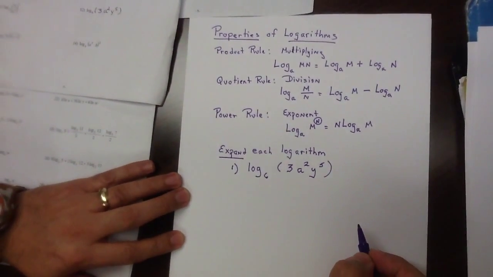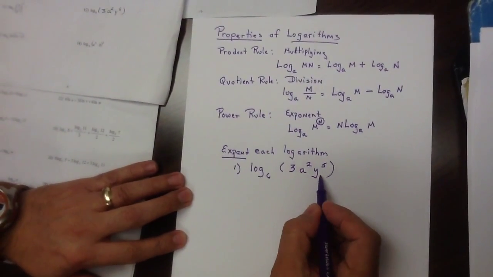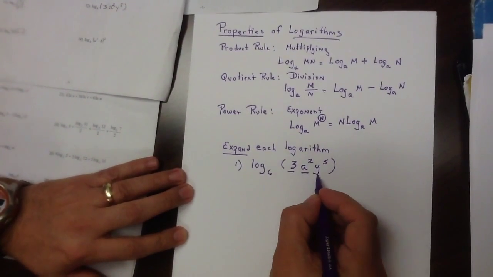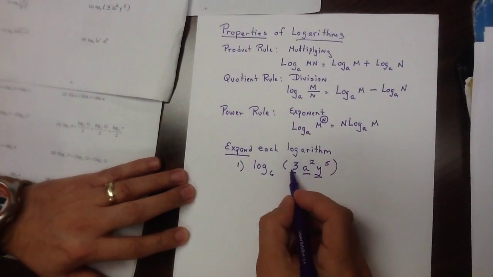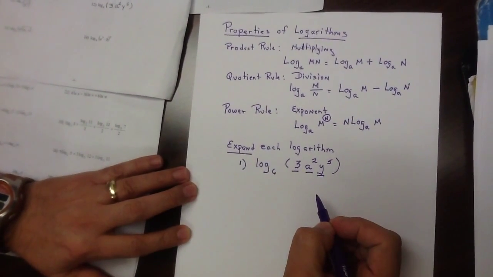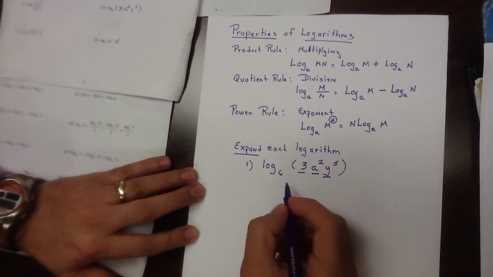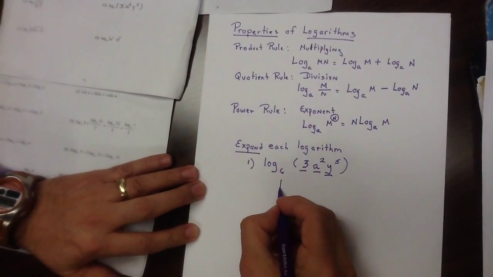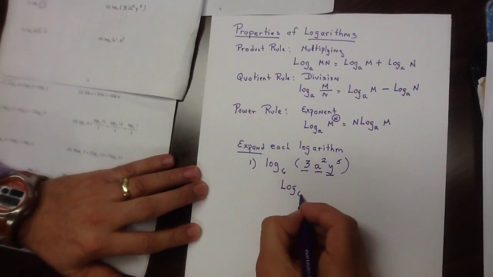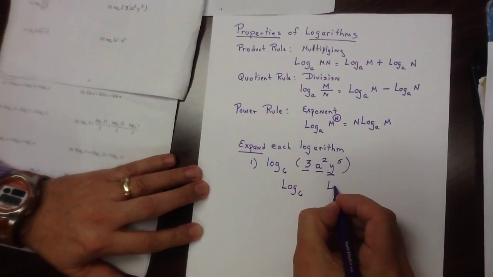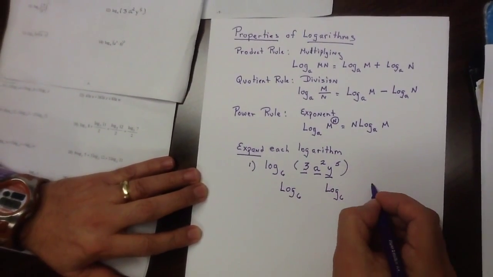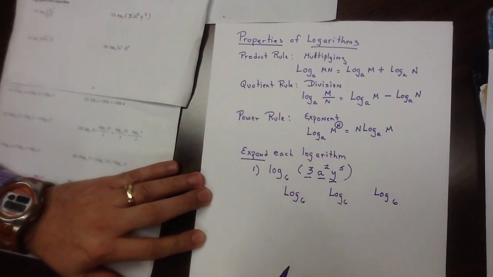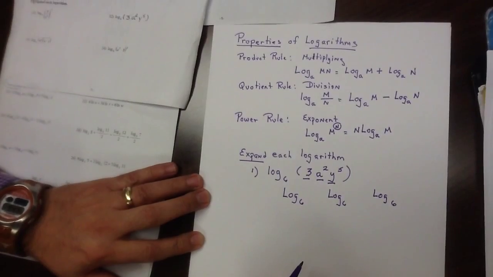When we expand them, we look at how many parts there are. In this particular one, I have 1, 2, 3 parts. The number and the letter are considered a part independently. So since there are 3 parts, there's going to be 3 logs. That's the first thing I look at, how many parts there are.